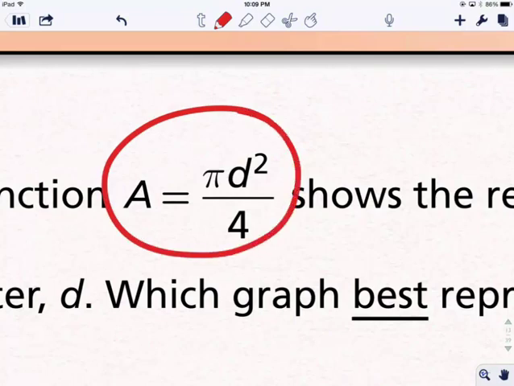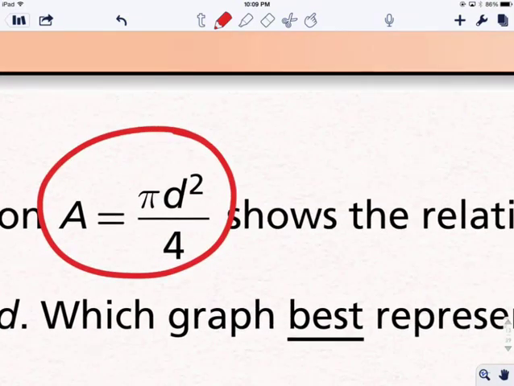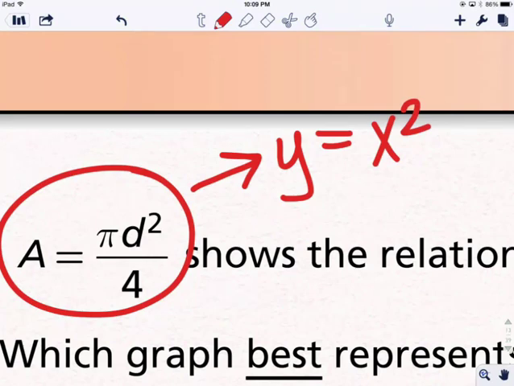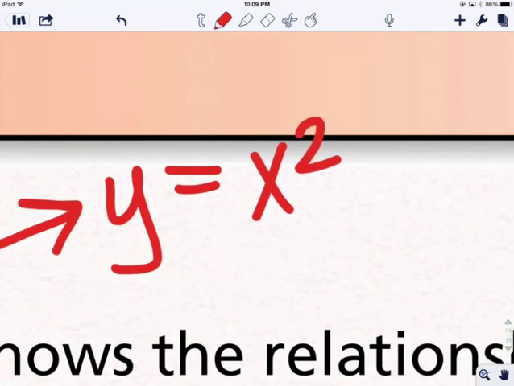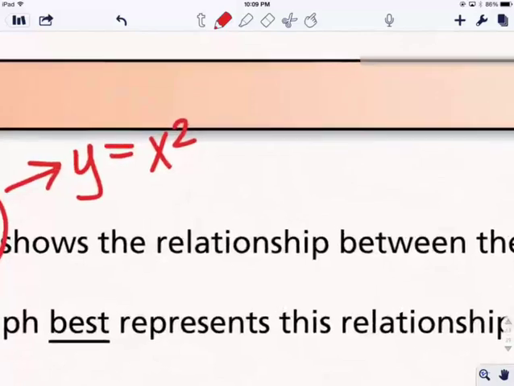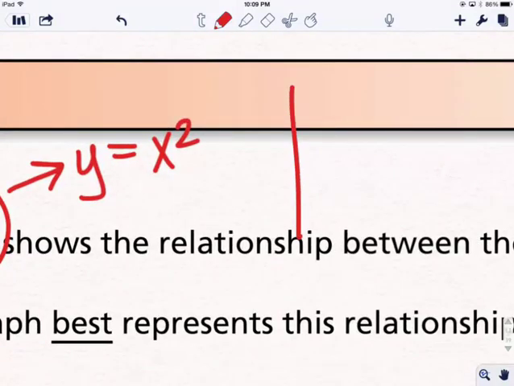So this function looks complicated, but it can really be boiled down to y equals x squared. They're both going to basically have the same overall shape. Now, do you remember what y equals x squared looks like? What that graph looks like?